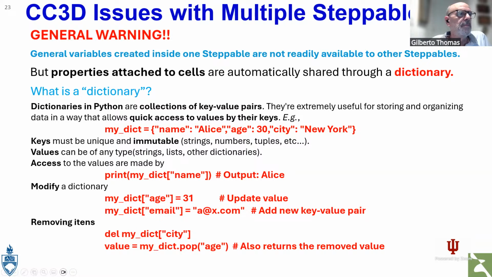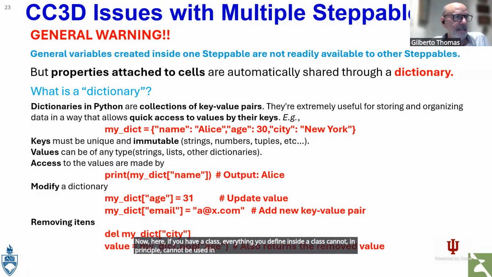There is a Python issue: if you define quantities in one steppable, you cannot use them in another steppable. It's not Fortran or C, where you can define global variables that can be used anywhere in your code. Here, if you have a class, everything you define inside a class cannot, in principle, be used in another class.